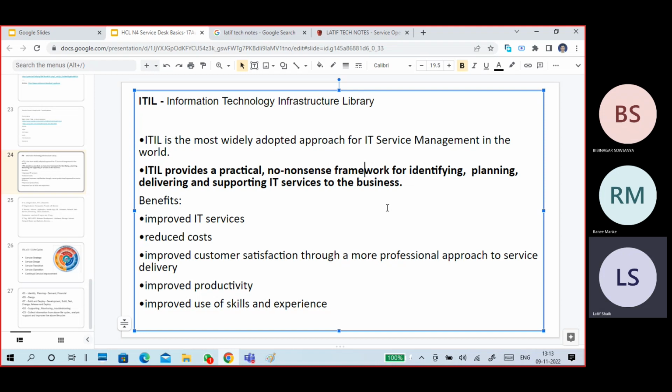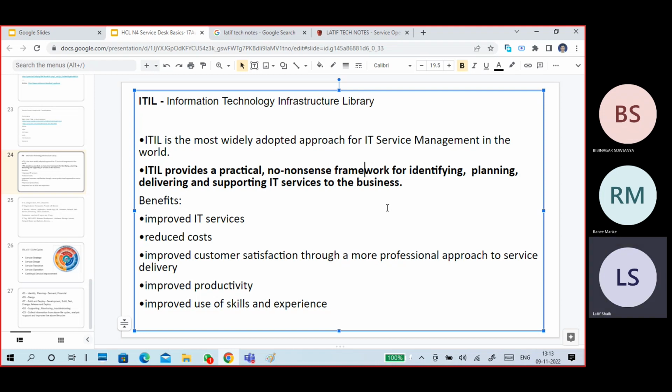We already discussed, right? Incident management, problem management, monitoring, events, alerts, service requests. So ITIL provides a practical, no-nonsense framework for identifying, planning, delivering, and supporting IT services to the business.